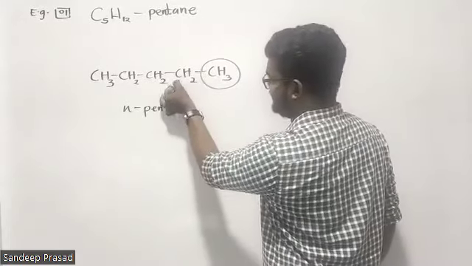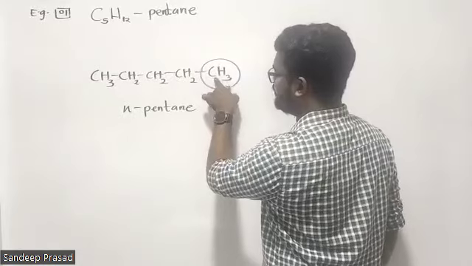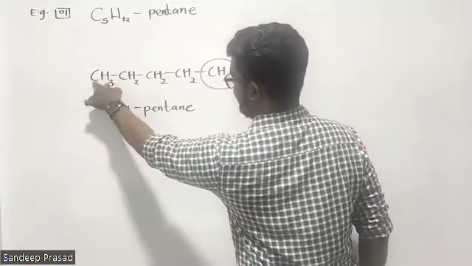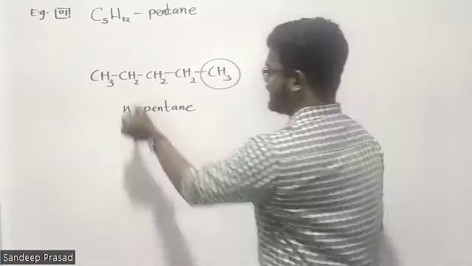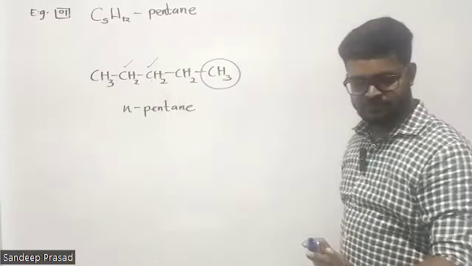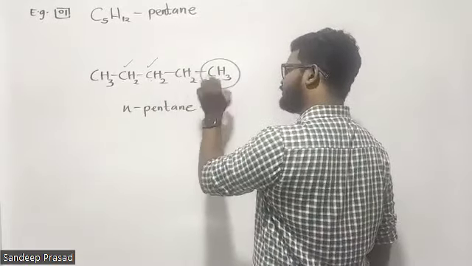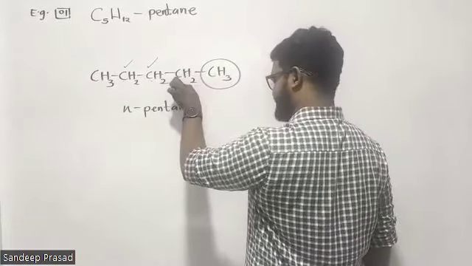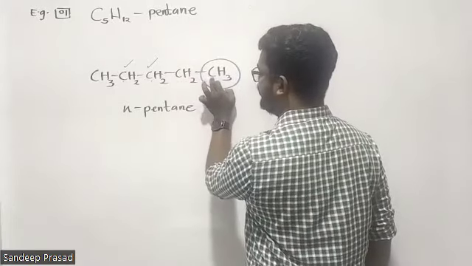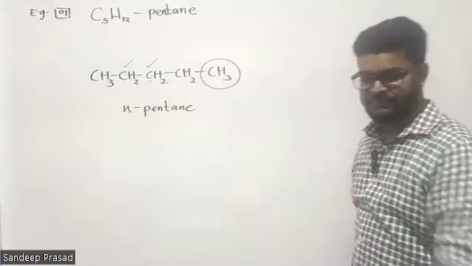There is no point of giving this group to the adjacent carbon atom. No point of giving this CH3 to the final carbon atom, because we will obtain the same thing.